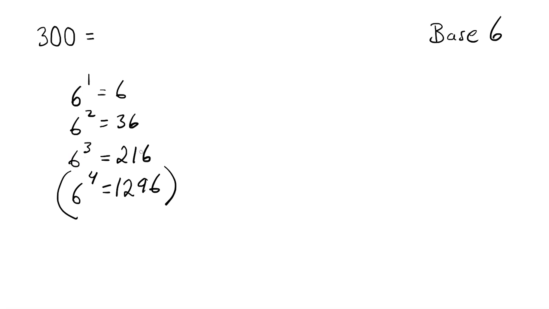So I have to have at least one of these, 6 to the power of 3, so 216. How much do I have left then? If I take away 216, then I have 84. How many 6 to the power 2 can I fit into this? 2 of these. 2 times 36 is 72.